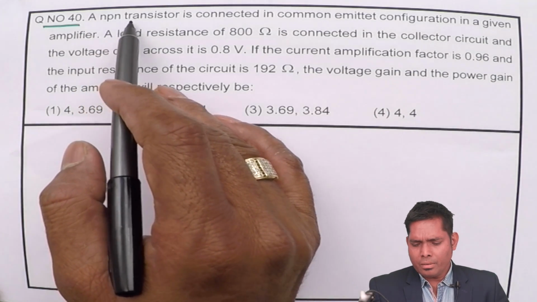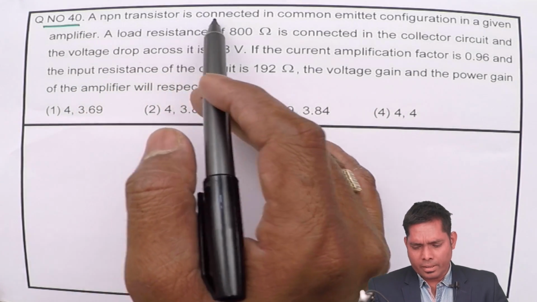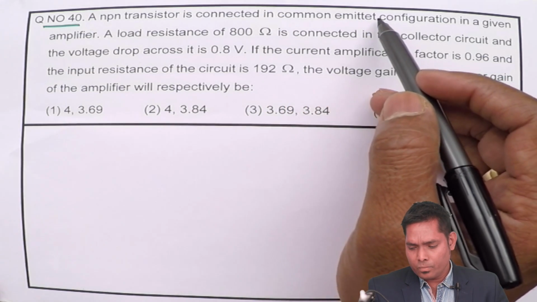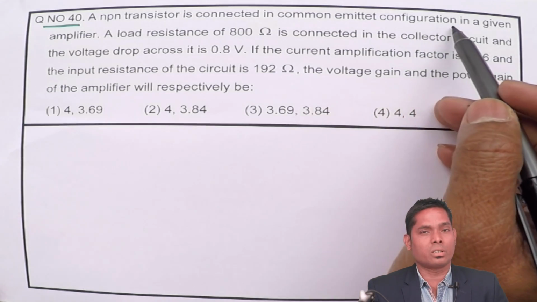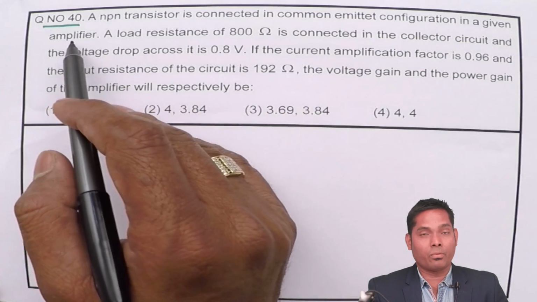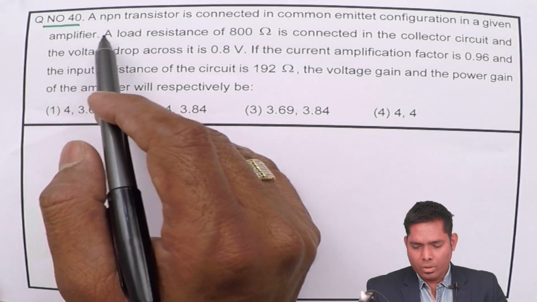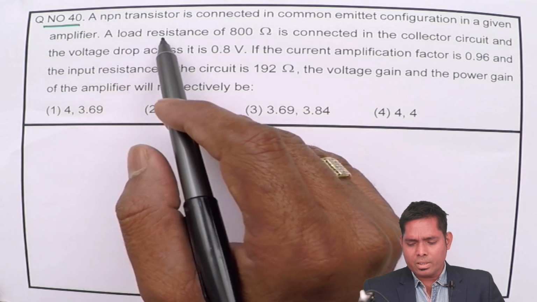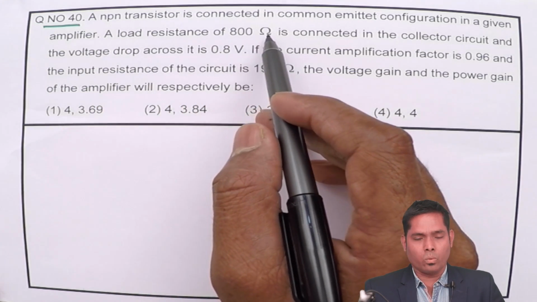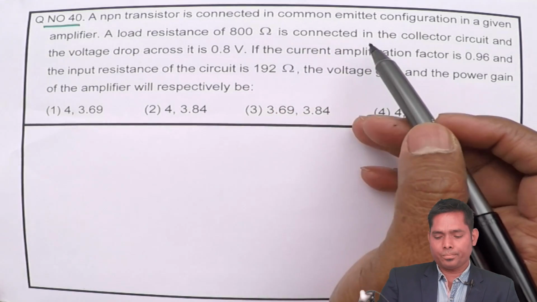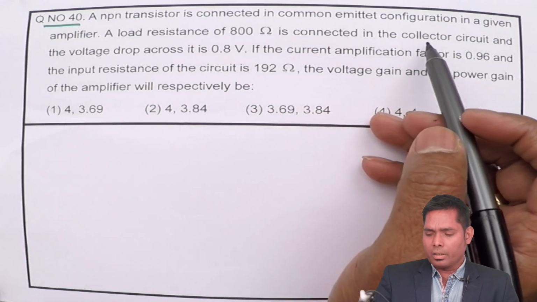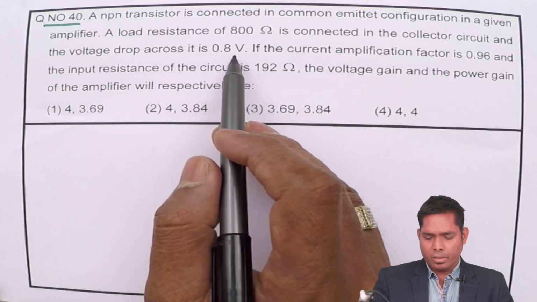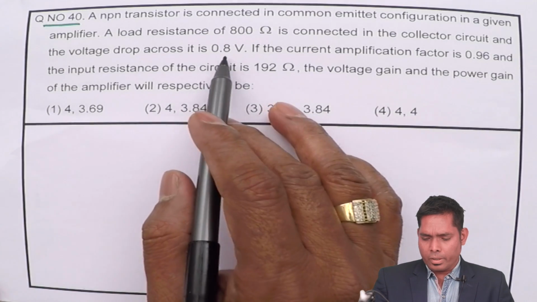An NPN transistor is connected in common emitter configuration in a given amplifier. A load resistance of 800 ohm is connected in the collector circuit and a voltage drop across it is given.